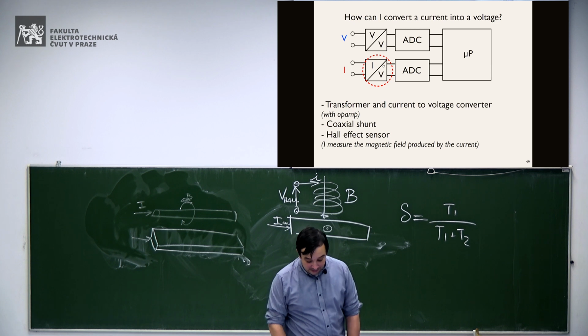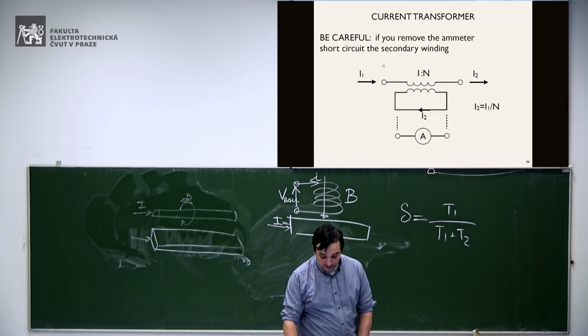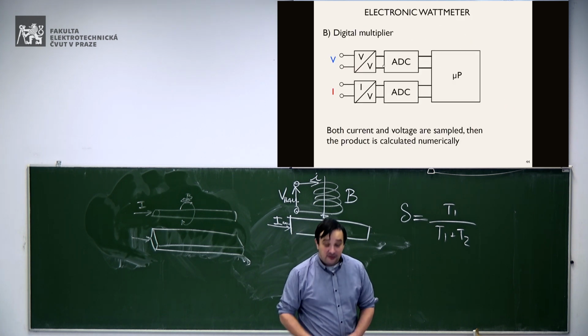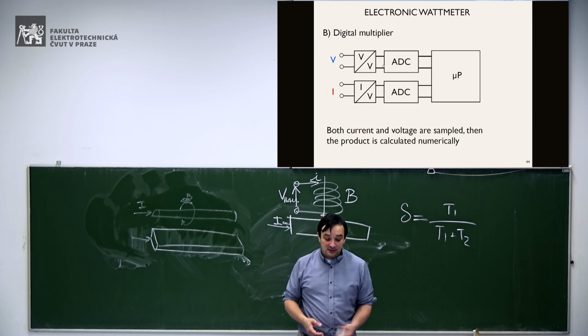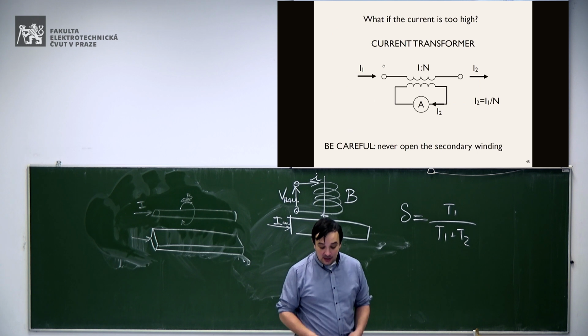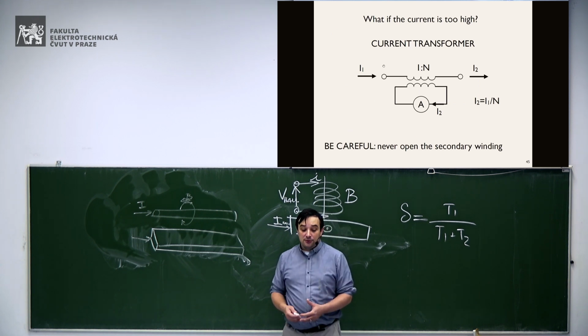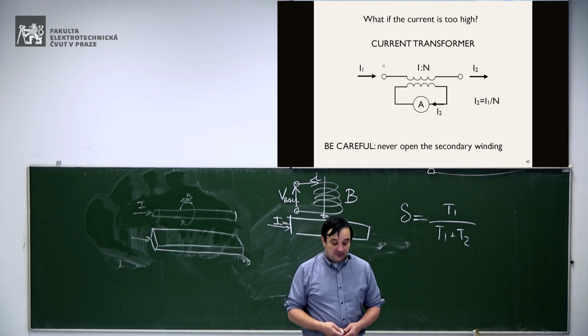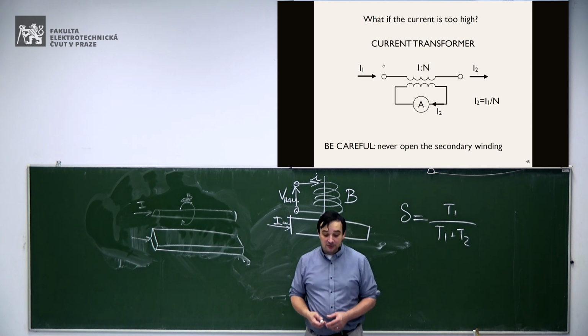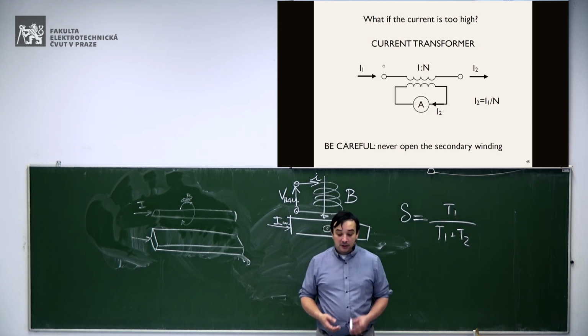A very important topic is the transformer. Many times you need to reduce the values of current and voltage that you want to measure if they are too large. So what do you use?